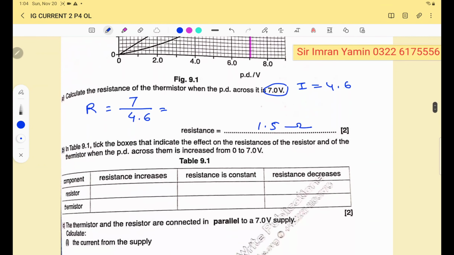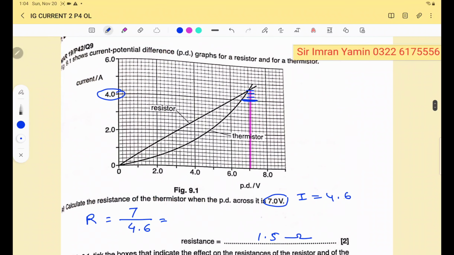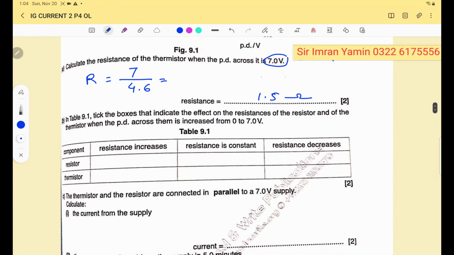Okay, beta? And now tick the boxes that indicate the effect on the resistance of the resistor and of the thermistor when the PD across them is increased. When PD is increased, you can see the resistance of a fixed resistor always remains constant. If you increase voltage, the resistance of the resistor remains constant.